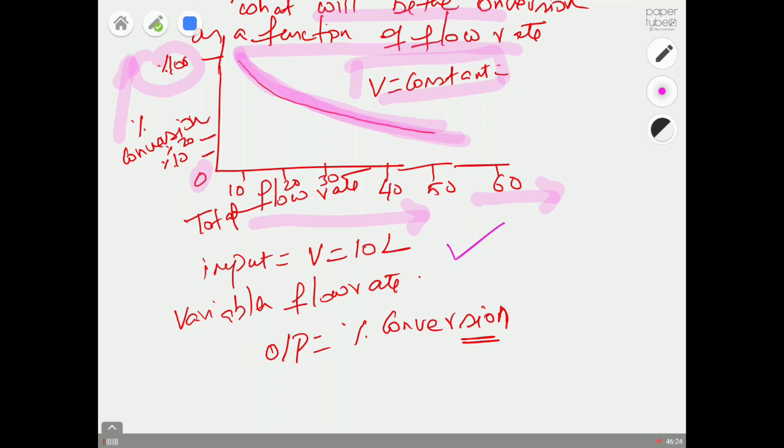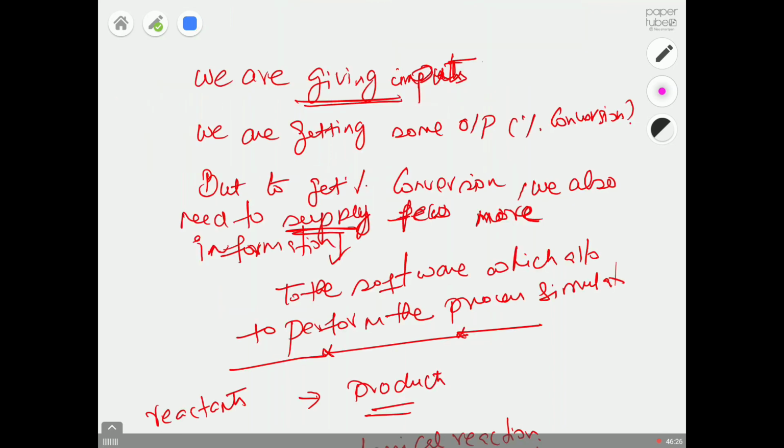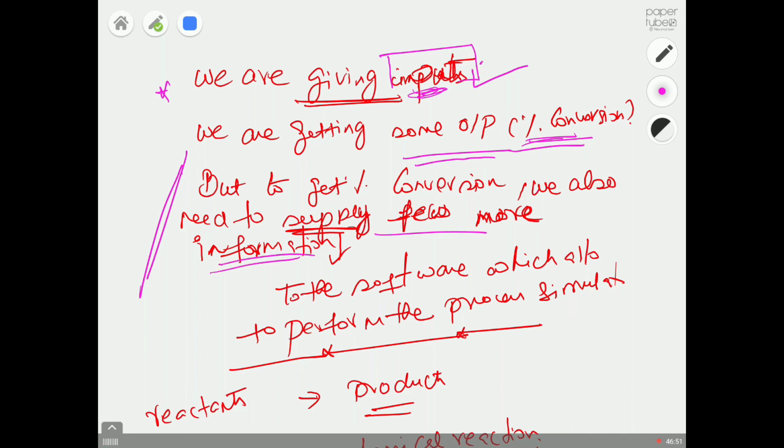So let's go back here. We are giving some inputs and we are getting some outputs, in this case the percentage conversion. We will explain what inputs we need to give. What I wrote here is that to get the output percentage conversion correctly, we need to supply a few more pieces of information.